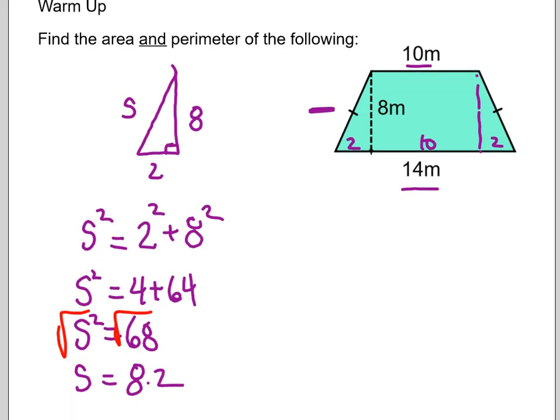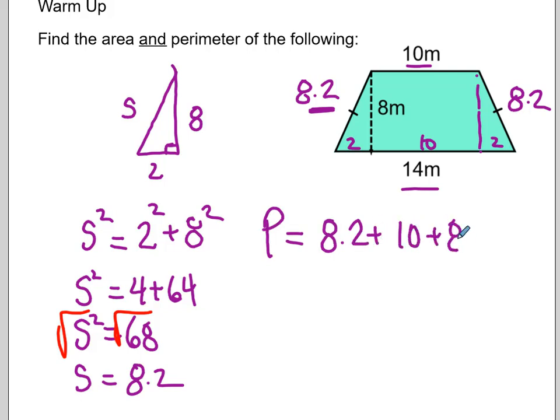Okay, hopefully that's visible. So that's 8.2. So I know this side now is 8.2. This side is 8.2. So when I do the perimeter, I would have 8.2 plus 10 plus 8.2 plus 14.